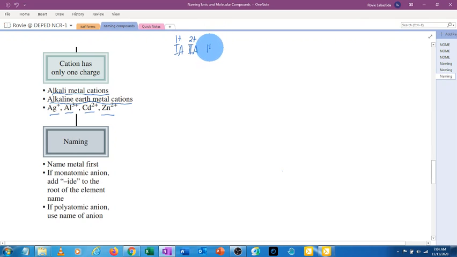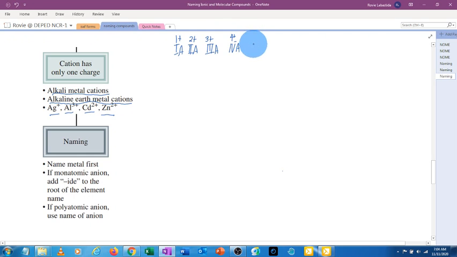So for group 3A, the possible net charge when the metal formed the ion is 3 positive. For group 4A, we have 4 positive and negative.